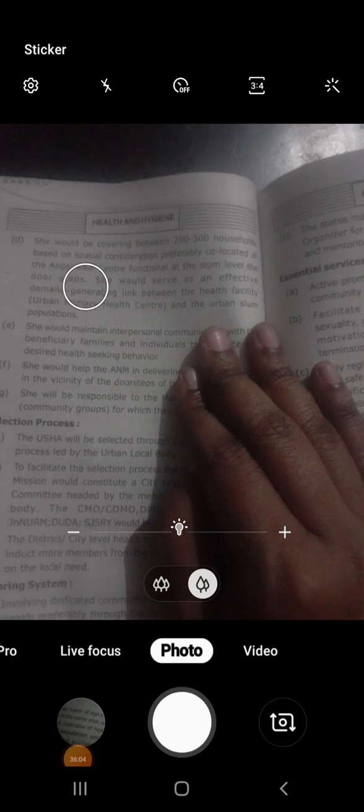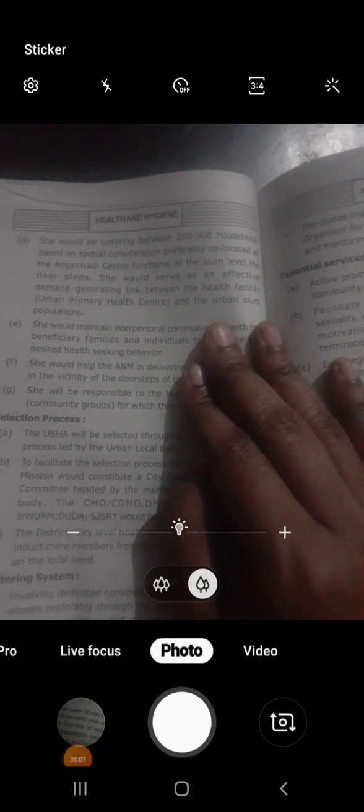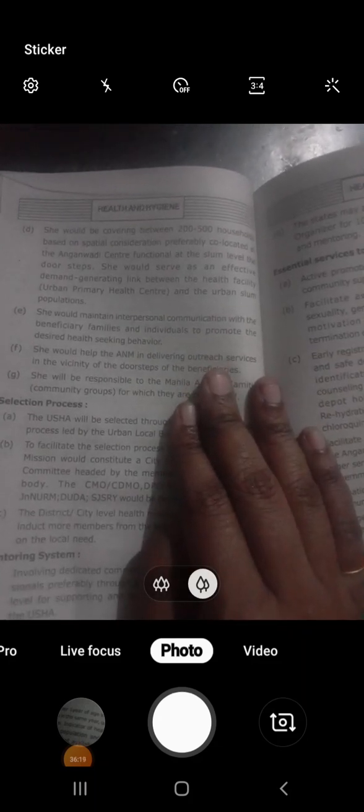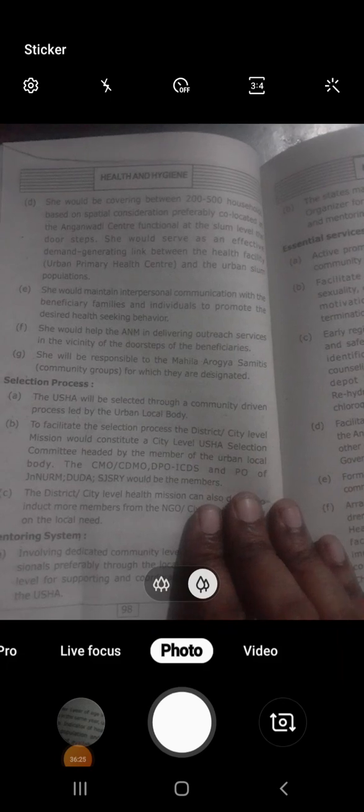There will be coverage of 200 to 500 households that she should cover. The ASHA should also cover the Anganwadi center and slum areas, and her doorstep services should serve as demand-generating links. She should also maintain interpersonal communication skills, and the ANM is delivering outreach services and is also responsible for the Mahila Arogya Samitis.